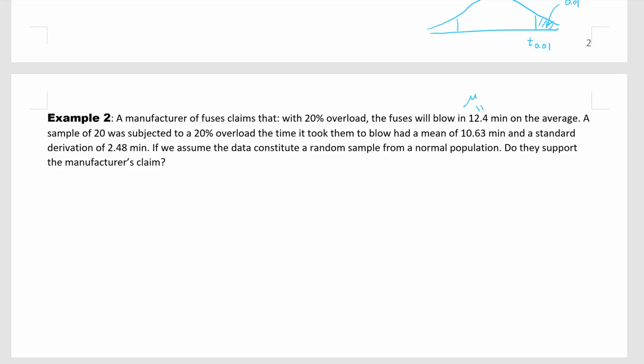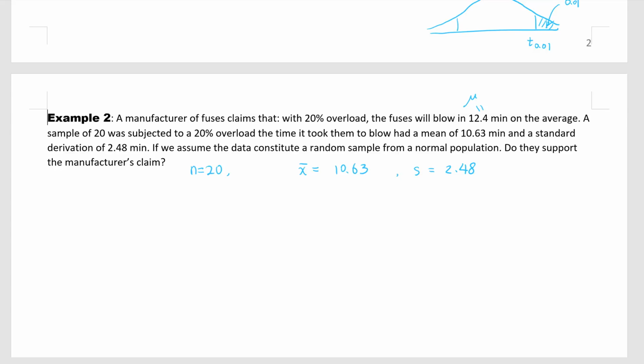That's the manufacturer's claim that the population mean is 12.4. A sample of 20, so n is 20. Subject to a 20% overload, the time it took them to blow had a mean. So within this sample, the sample mean is 10.63 minutes, and the sample standard deviation is 2.48 minutes.